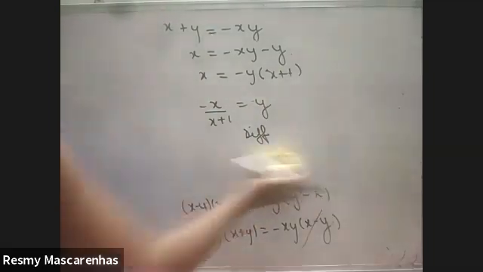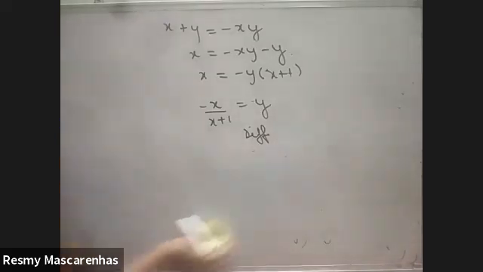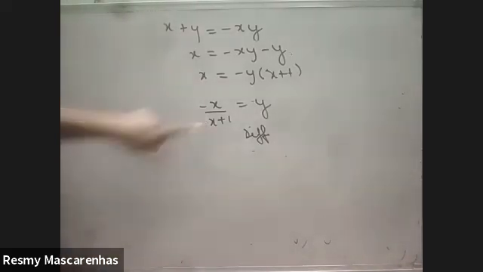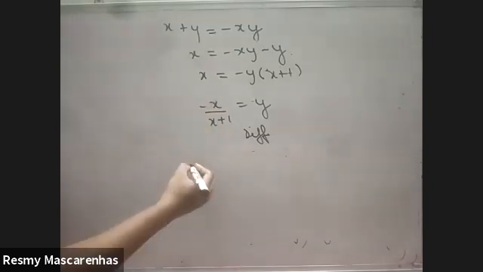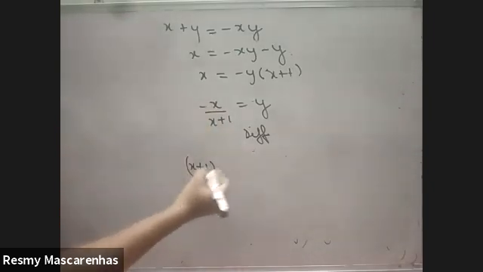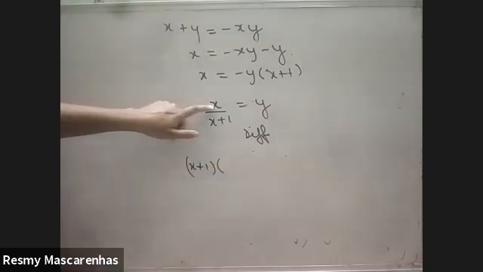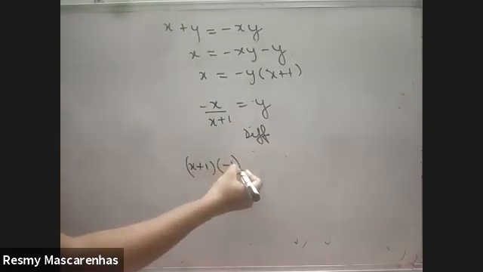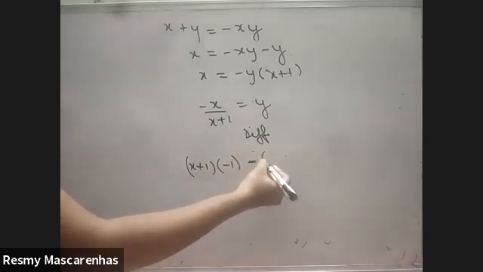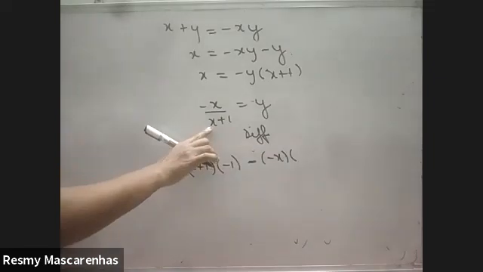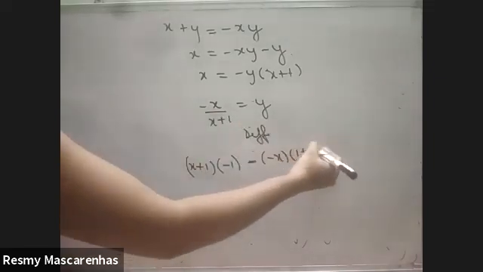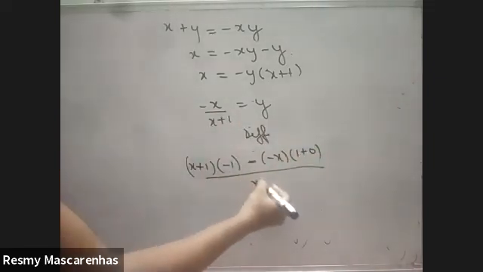Now it is in which form? U upon v rule. So what is the formula for u upon v? V into derivative of u. This is v. Derivative of u will be minus 1. Middle sign is minus. Then u is how much? Minus x into derivative of v upon v square.